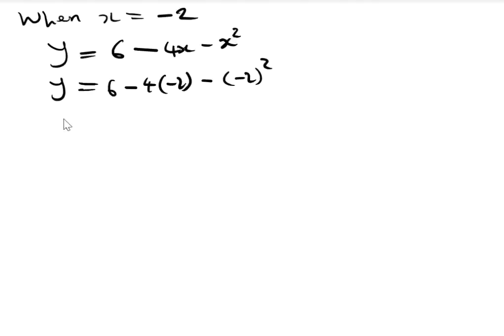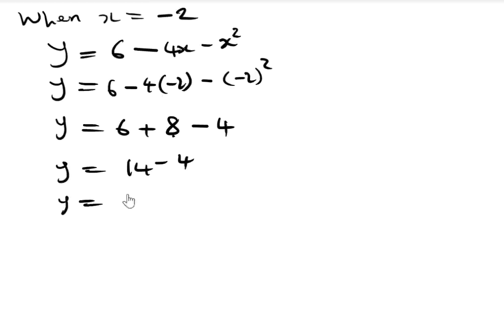Then y is equal to 6 minus 4 multiplied by minus 2, which is 8, and minus 2 squared is 4, so we have minus 4. This is equal to 6 plus 8, which is 14, minus 4. And this is y is equal to 10. Therefore, the point will be minus 2 for x and 10 for y.